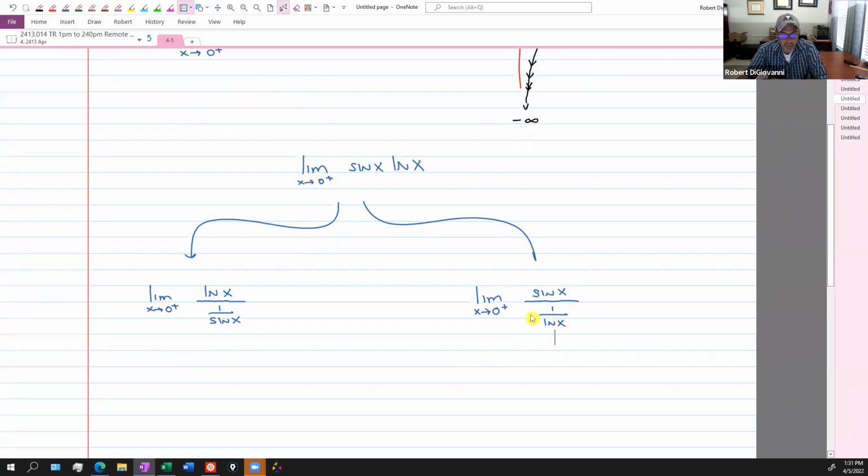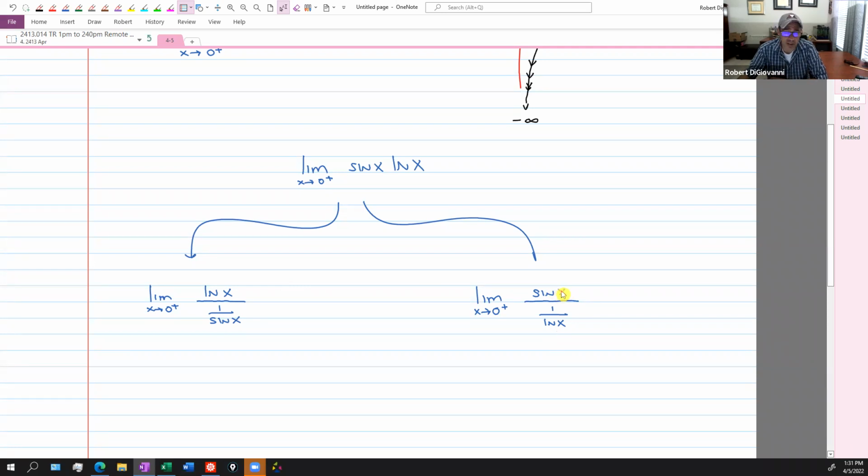Now, notice on both, does anyone have any questions on this whole idea of dropping one down? Y'all understand how this is working algebraically? So notice on both of them, just look at the tops, the natural log of x. I don't mind taking derivative of that. Derivative of natural log of x is 1 over x, so that's not a problem. Over here, the top is sine x.